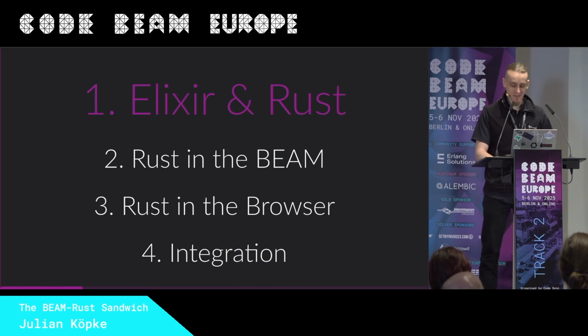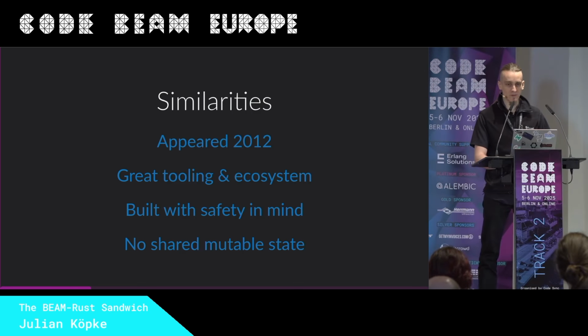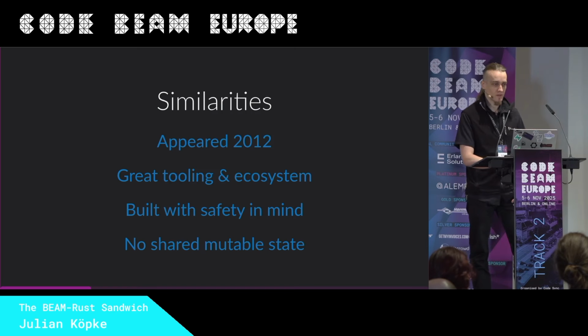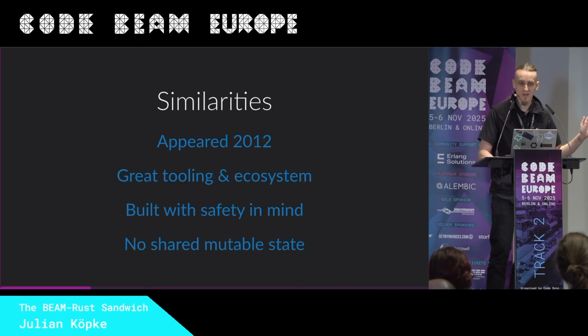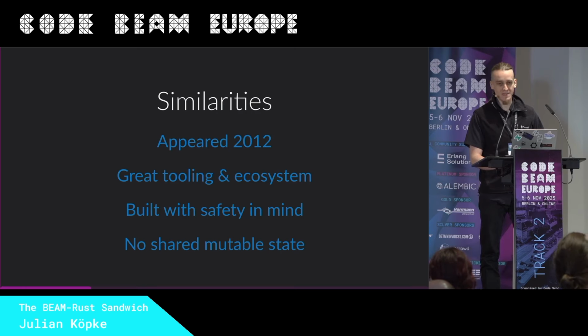Let's look into Elixir and Rust first. There are some similarities. Maybe it's coincidence that both languages appeared in 2012, at least according to Wikipedia. I wasn't sure. For Elixir, some sources said 2011, but let's just say they are the same age.